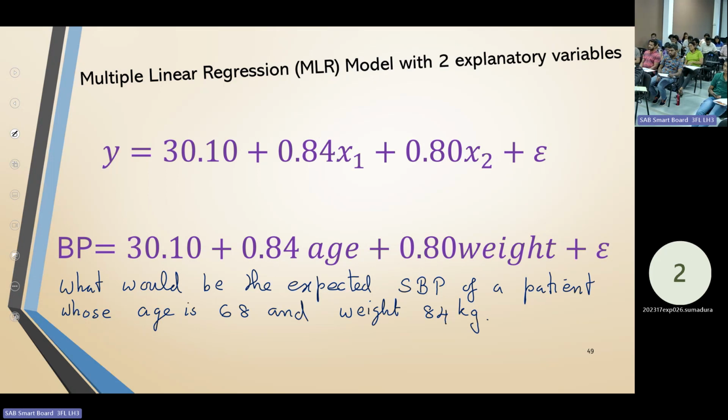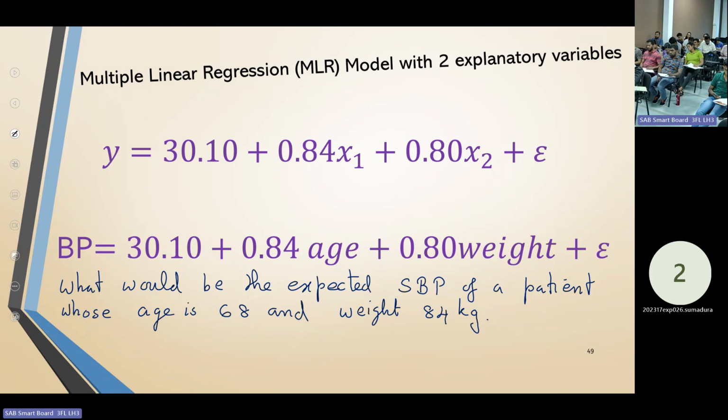Here, the coefficient of age is positive. So when the age increases, blood pressure also increases because this is positive. The weight coefficient is positive, so when the weight increases, blood pressure also increases.